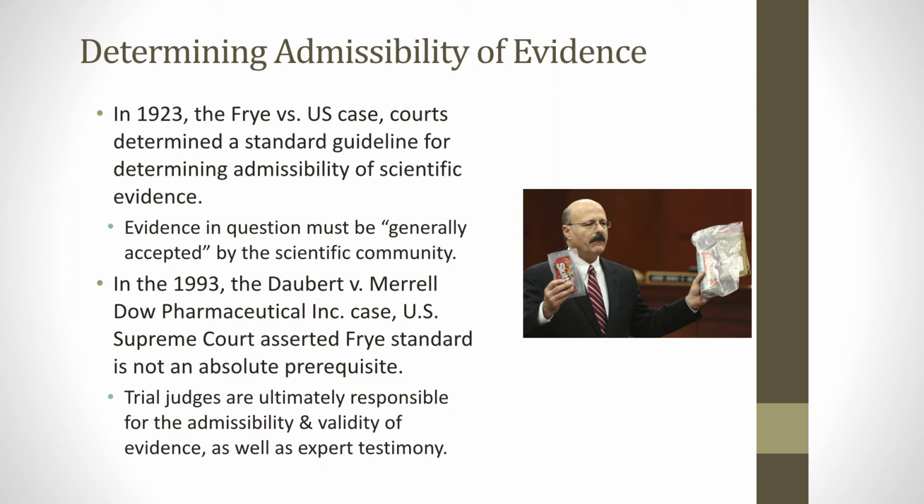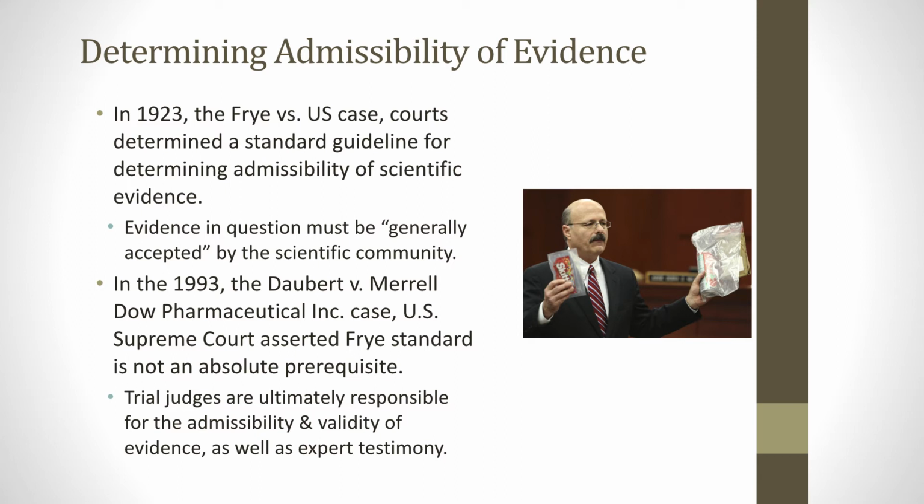But by 1993, there was a Supreme Court decision that said that the Frye standards of admissibility are not always absolute. And what they did was they gave the trial judges the ultimate responsibility of determining whether or not something was admissible and valid evidence for that court case.